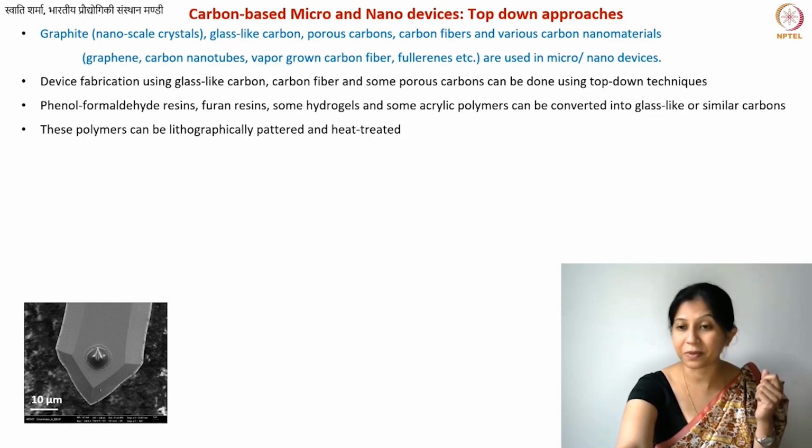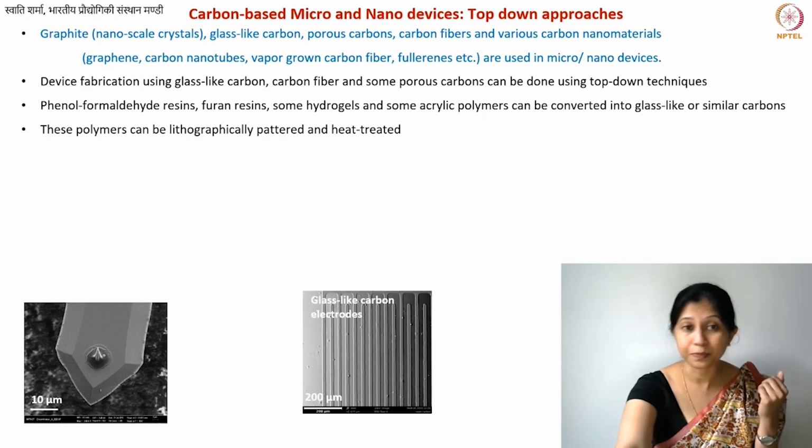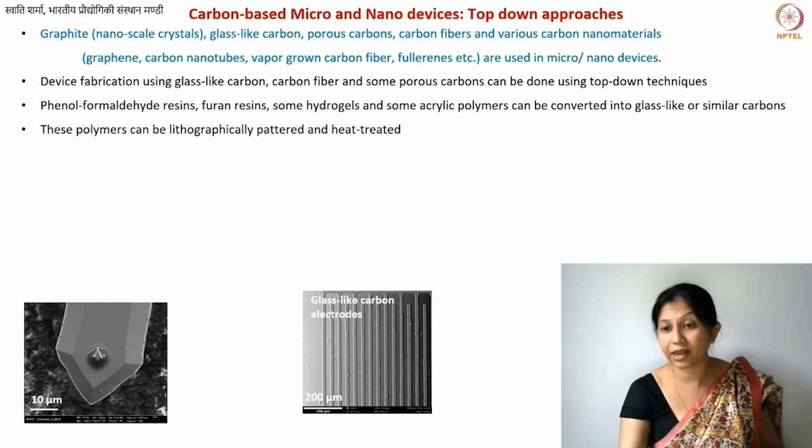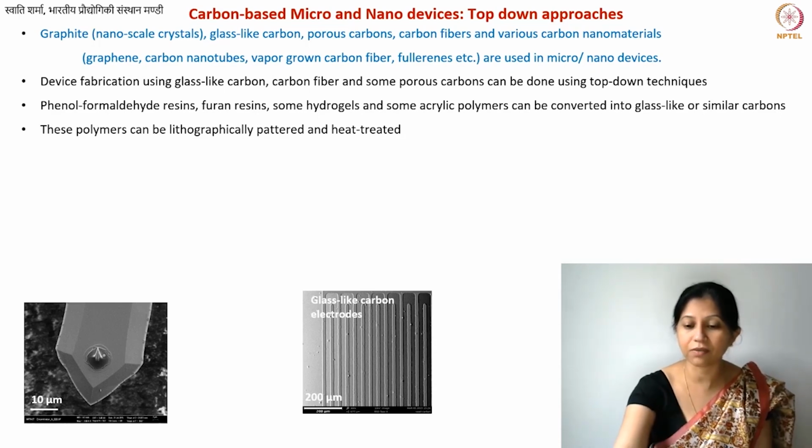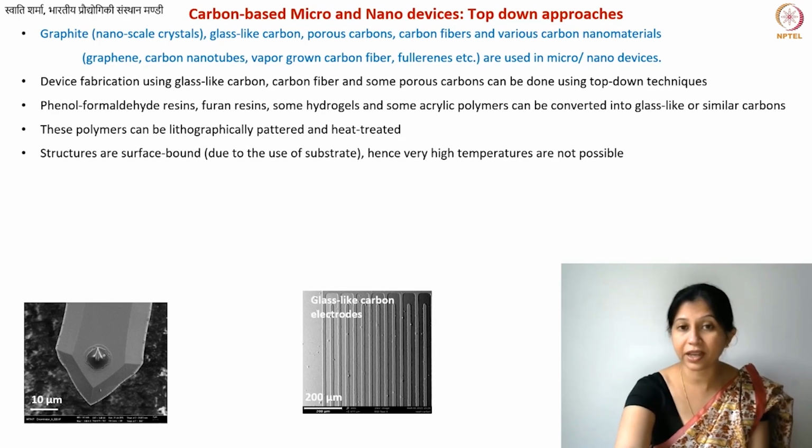So these kinds of experiments you can do and then figure out. But definitely many high carbon containing organic polymers can serve as a precursor. Okay, so you can get these kinds of structures. So this is some pattern, again a lithographically patterned structure, which then you convert into carbon via heat treatment.